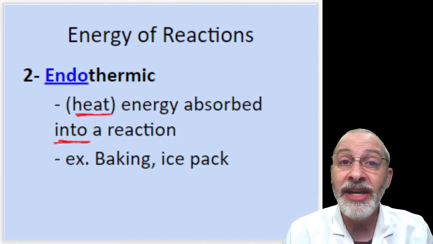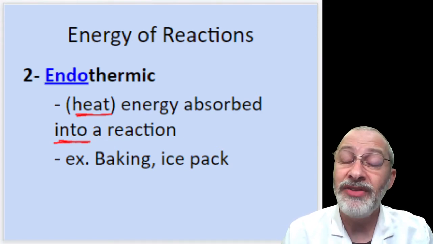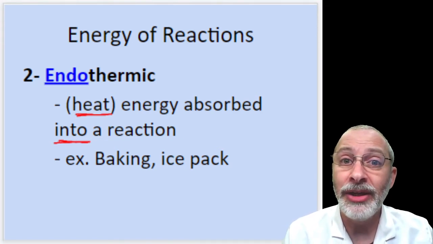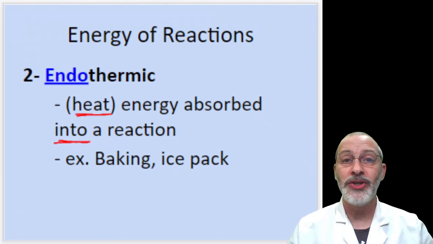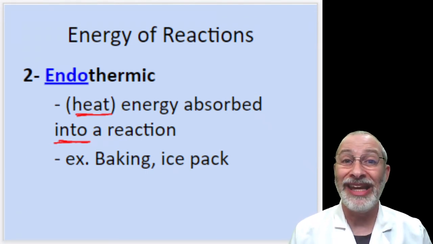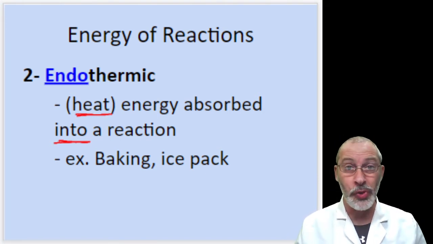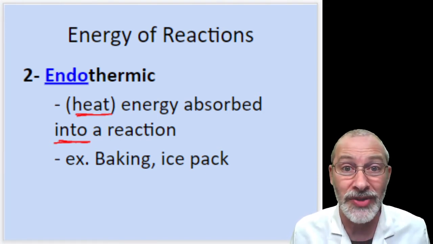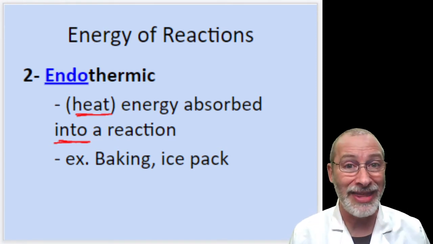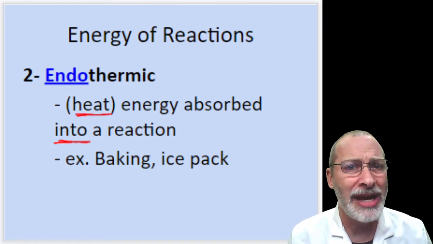Now, if any of you have ever baked, then you have done chemistry in your kitchen because baking involves mixing different chemicals together. Those food ingredients are chemicals. You are mixing them together, but if you just mix them, then no chemical reaction takes place.